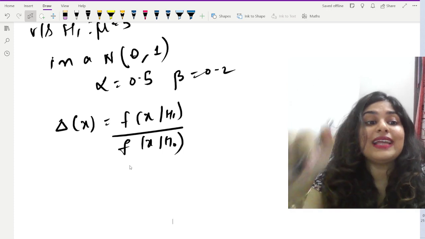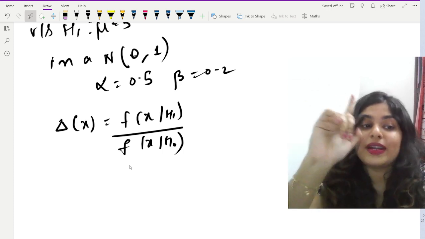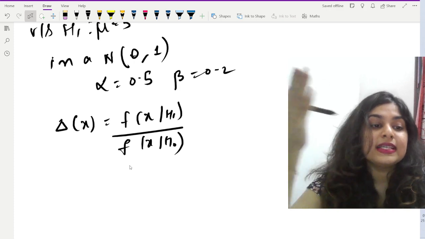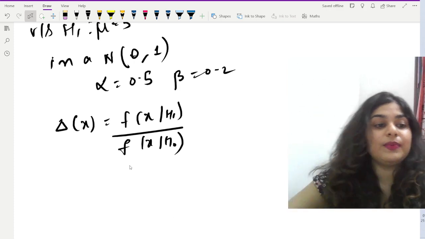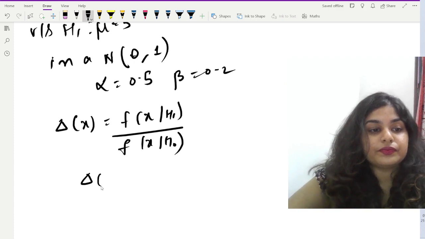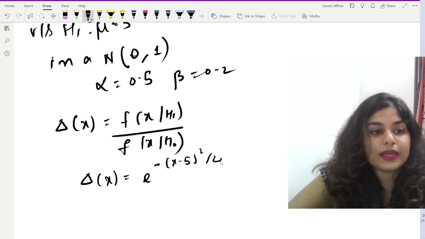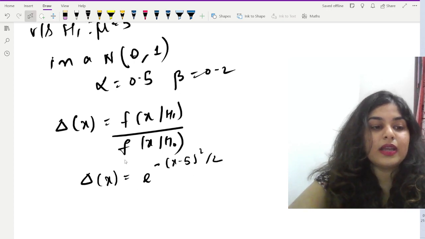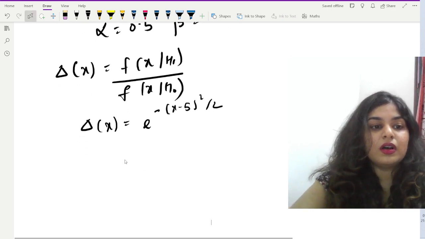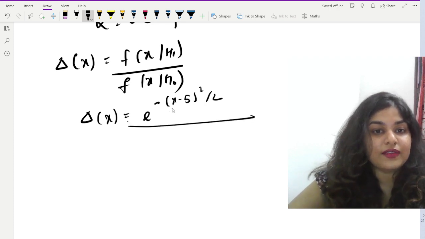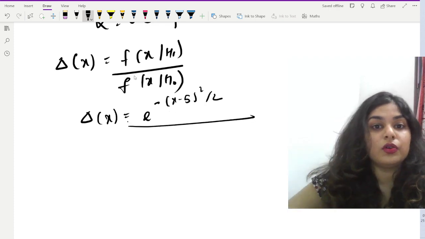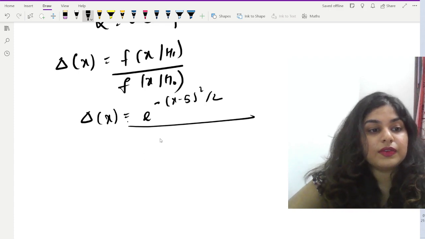Now we know that sigma square is 1, as given in the question. So the likelihood ratio here will become e to the power minus (x minus 5) whole square by 2, because the alternative hypothesis is 5 and the null hypothesis is 4, divided by e to the power minus (x minus 4) whole square by 2.